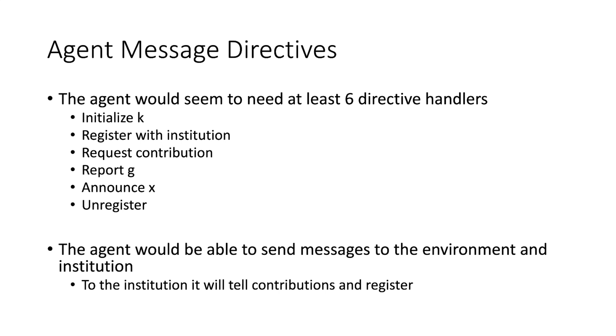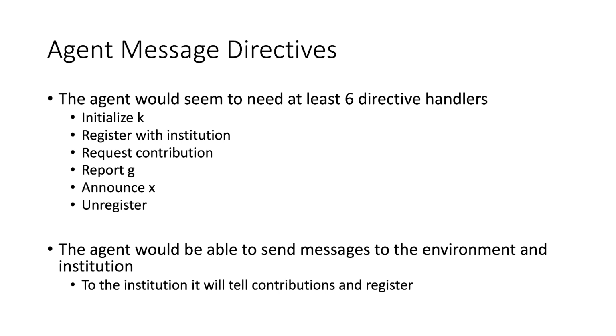So with these, for example, initialize, you'll want to think about this is a message that comes from the environment, and that's going to tell the agent what their endowment is, so you'll need to have some property set in the init method to allow the agent to know what their endowment is at that point. Additionally, with the institution, you'll need to simply register with the institution. So in some sense, this doesn't actually require state management inside the agent because the agent will be simply telling the institution, hey, I'm here, this is where you can find me.